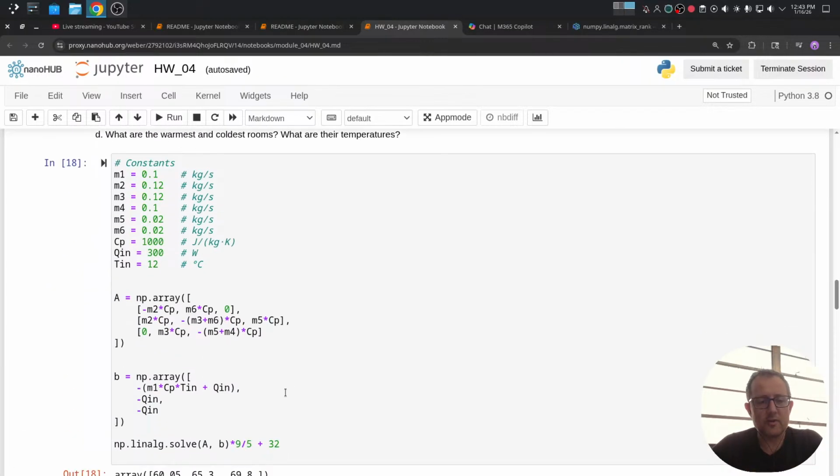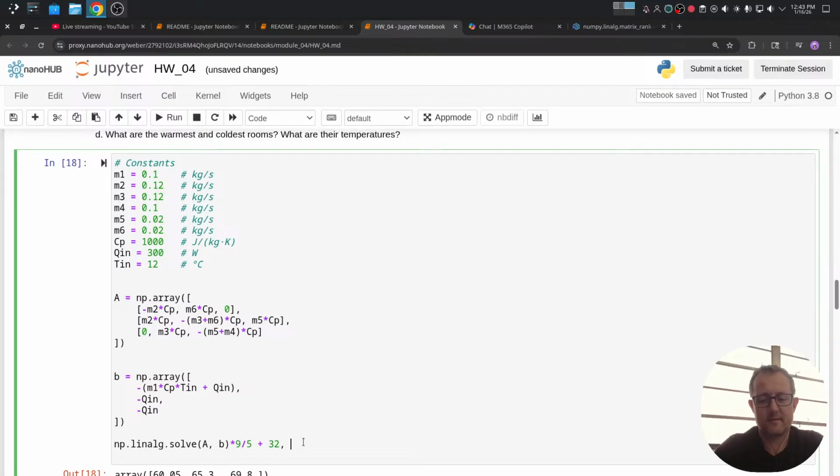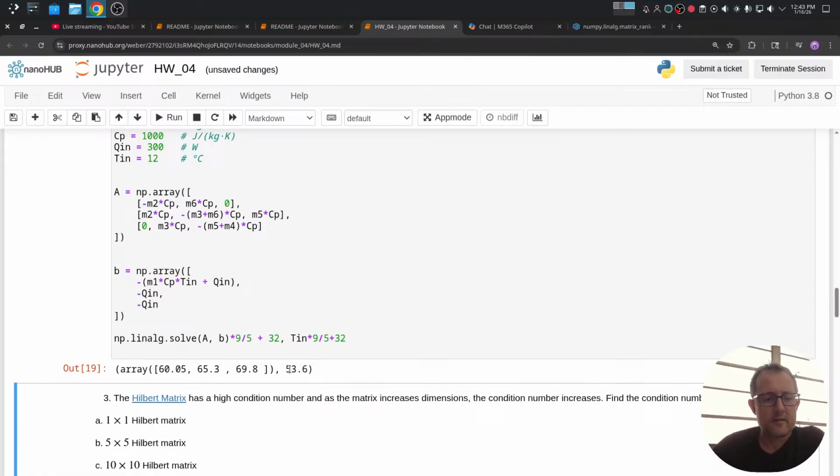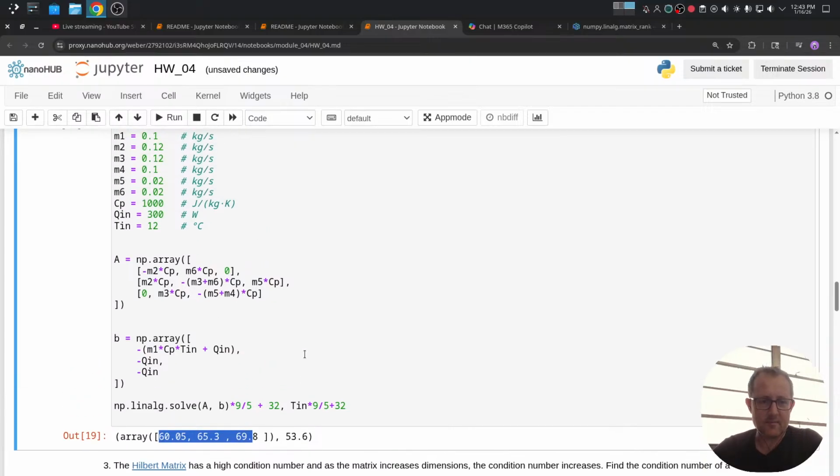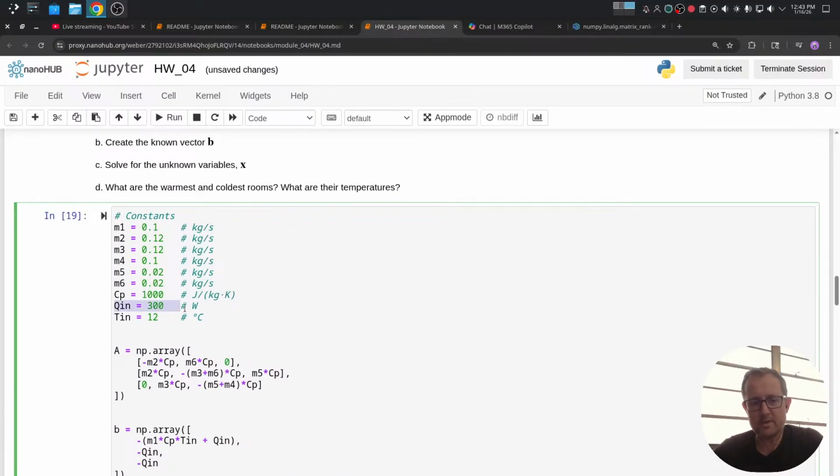That's reasonable based on, what's our T in? So outside it's 54 degrees, inside it's 60 to 70 degrees. That's a reasonable kind of temperature where people and machines are inputting 300 watts.